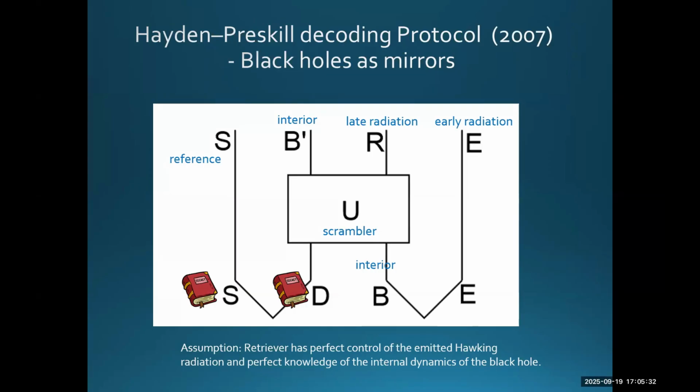In this case, we should assume the observer has perfect control of the emitted radiation and perfect knowledge of the dynamics of the black hole. Essentially, after the Page time, they are maximally entangled. So observer A observes a radiated quantum.